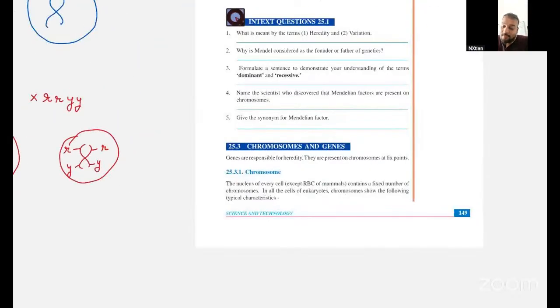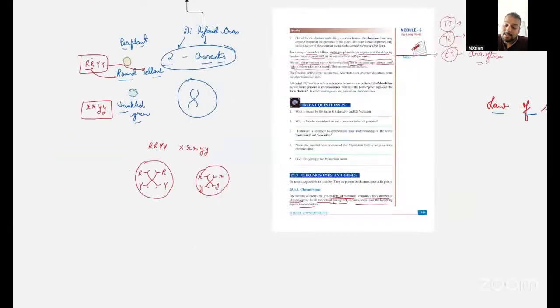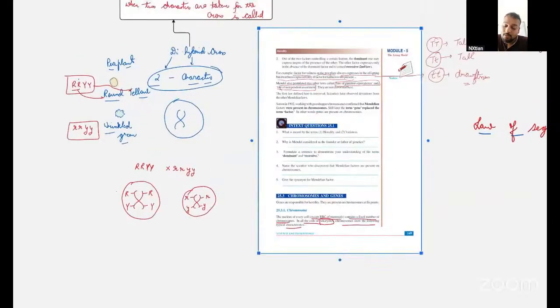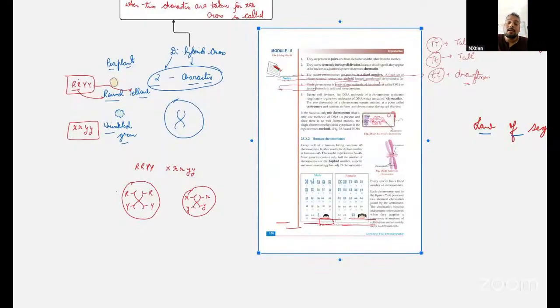Okay. So chromosomes. The nucleus of every cell except RBCs of mammals contains a fixed number of chromosomes. In all cells of eukaryotes, chromosomes show the following typical characters. Eukaryotes are basically called RBCs? No, eukaryotes are not RBCs. Eukaryotes are those cells which are highly advanced.